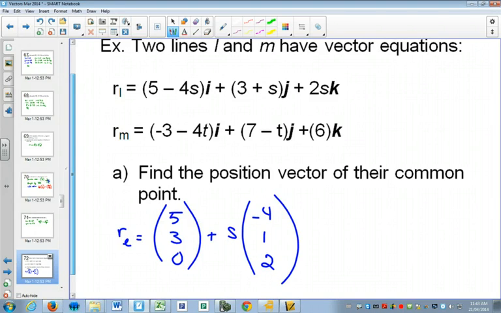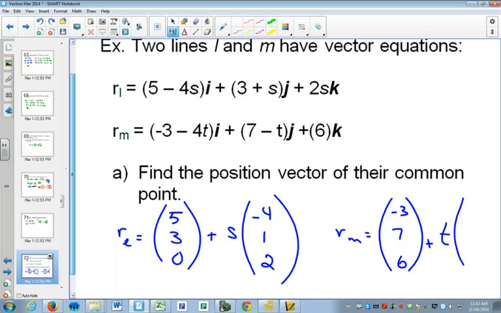And RM has (-3, 7, 6) plus t, and its direction is (-4, -1, and what am I going to put for this last part of my direction? 0. So it makes sense that no matter what you put in for t, the value in front of the k will always be 6.